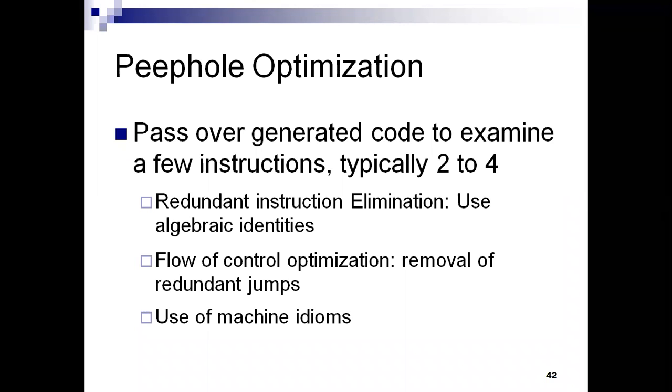Another one is algebraic simplification, similar to the use of algebraic identities. So there are four characteristics of peephole optimization: redundant instruction elimination, flow of control optimization, algebraic simplification, and use of machine idioms. These are the four most important characteristics.